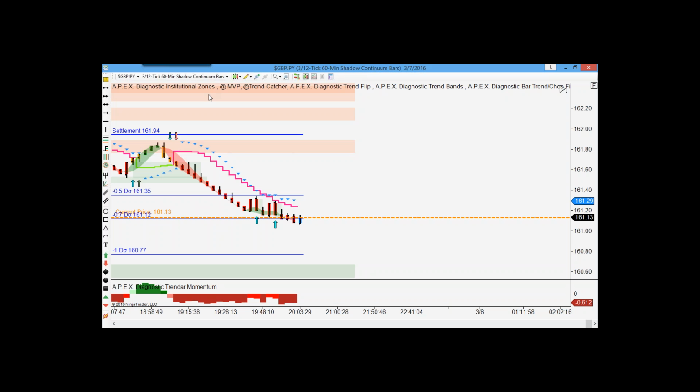You see one here, one here, one here. We call it an iZone, an institutional zone. It's a high volume support resistance level. The market is coming off of one of these high levels. Right here, we get our arrow showing us a valid entry going short, and all of our other indicators are turned red. It's real easy and simple: all red means sell, all green means buy.